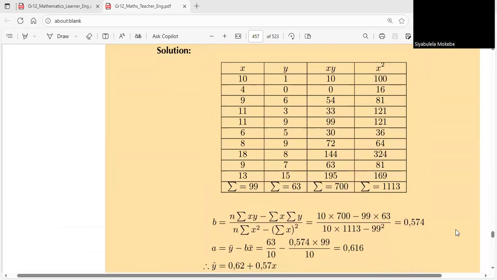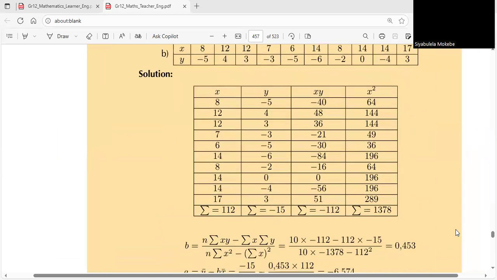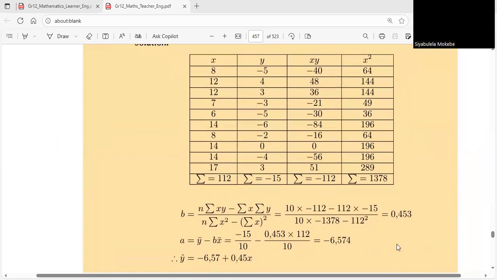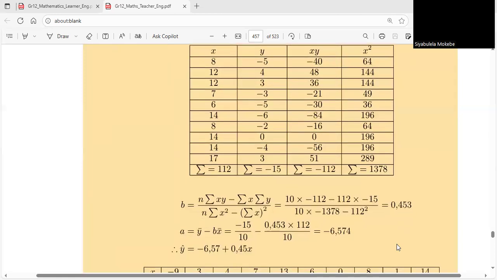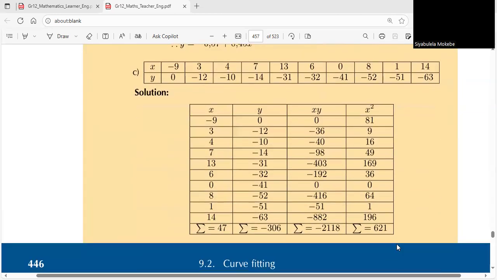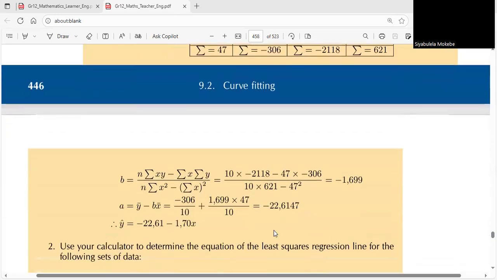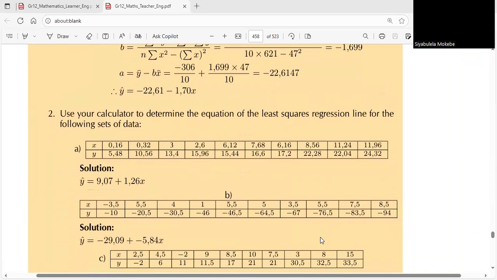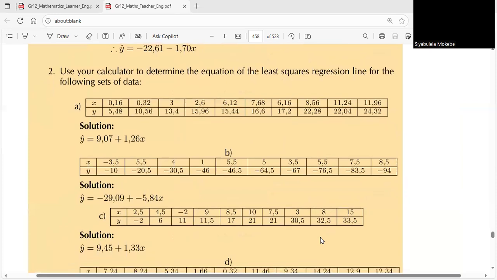Then B. And C. Then number two. A. That's that.